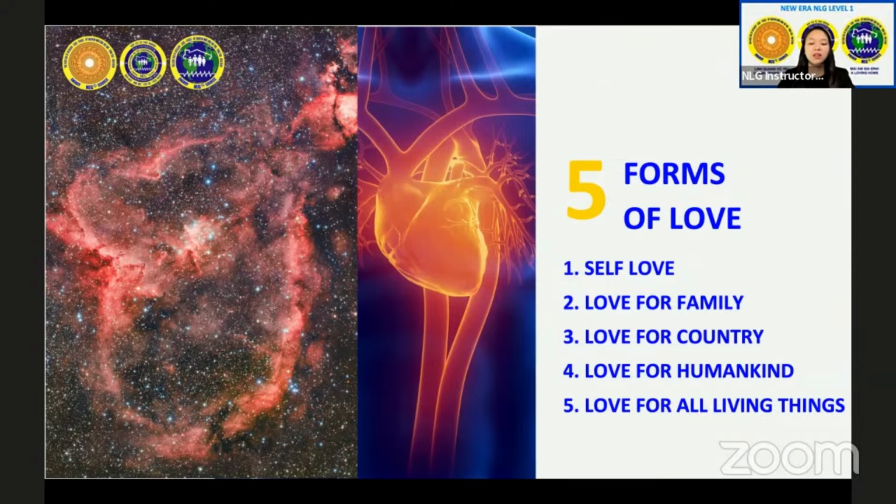Okay, and this is where it's so essential to keep in mind that the practice of NLG, whether it's effective or not, is what determines whether your practice of love and morality is actually accurate. So remember when I said before that at NLG we have a way to test ourselves whether we're actually on track with love and morality. Well, the way that you can tell is by how effective your NLG practice is.